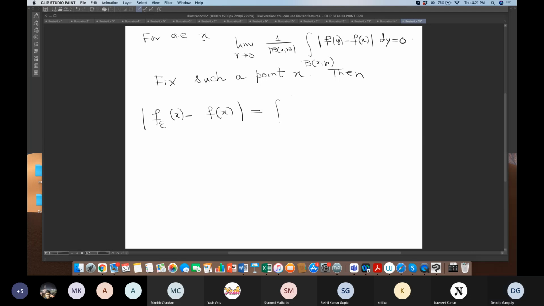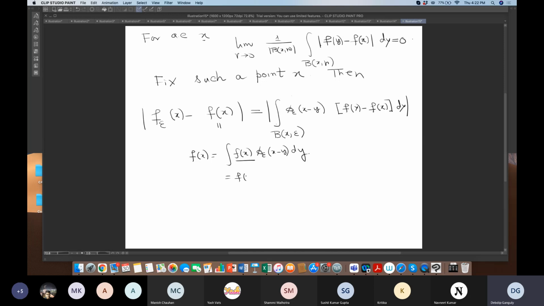Can I write it as the integral of f(x) phi_epsilon(x minus y) dy? f(x) comes out, and the integral of phi_epsilon(x minus y) dy, putting z equals x minus y by translation invariance over R^n, is 1.